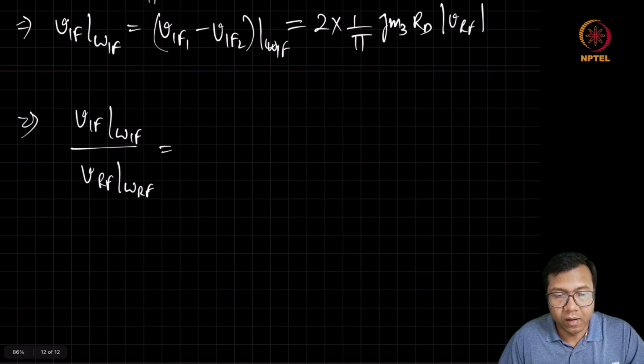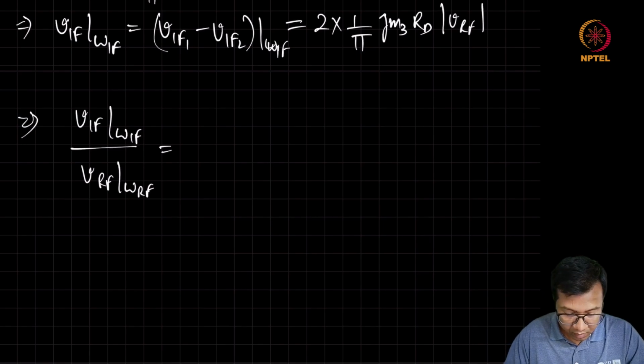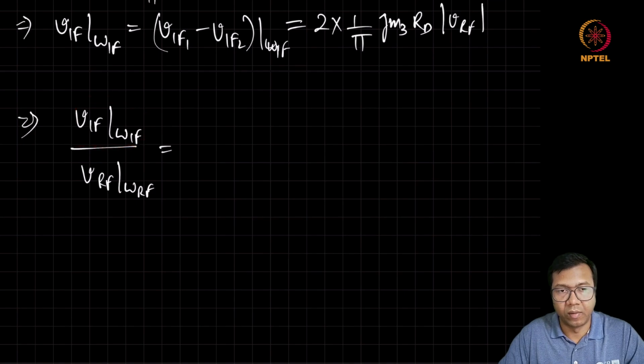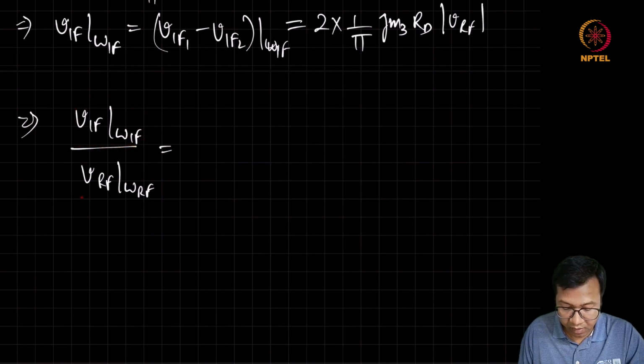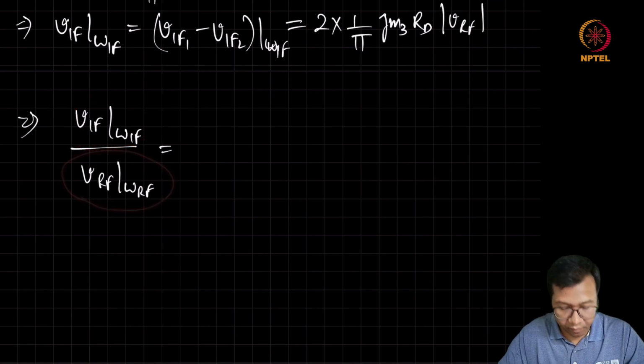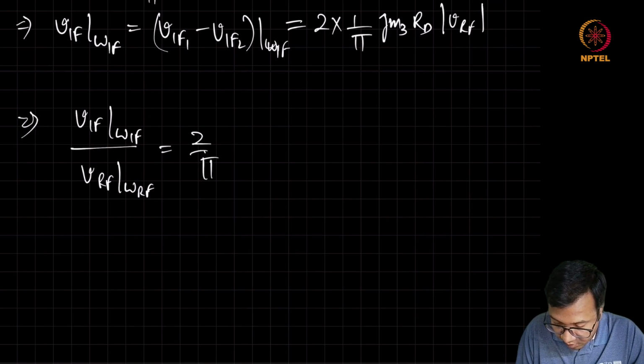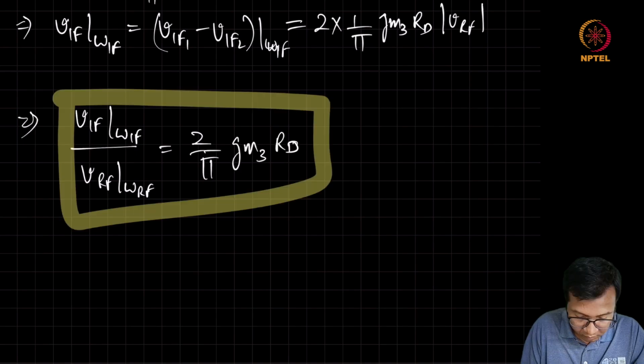So if I define a gain as the ratio of desired signal at the IF frequency divided by the input signal at the RF frequency, then this gain is going to be equal to 2 by pi GM3 RD.